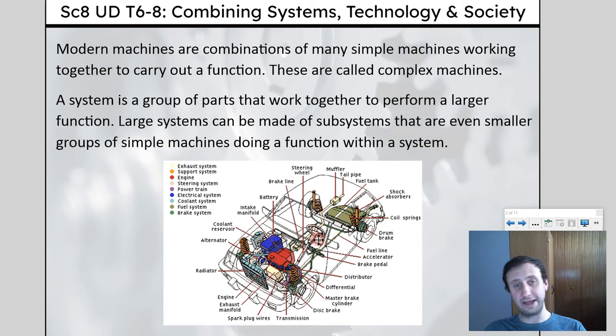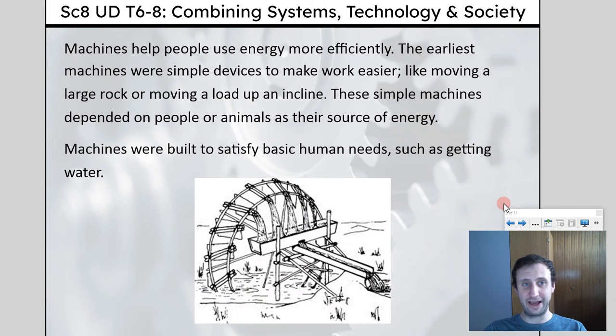So from this slide, just understand that when we have a complex machine, we call it a complex machine, and that complex machines are made out of larger systems that perform a large task. Those can be made out of smaller subsystems, and even the subsystem will have several simple machines within it. Okay, so that's that slide.